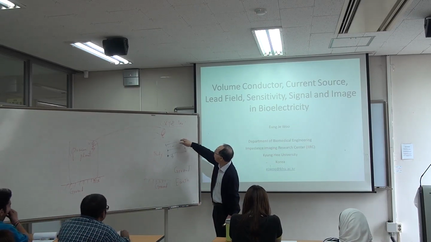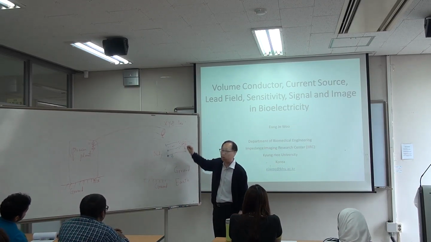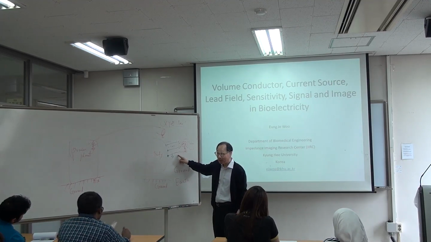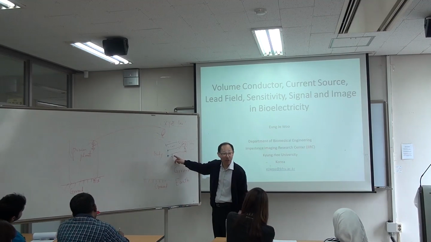And all the voltage on all other points will be measured with respect to this point. So this is the circuit voltage reference. Some people call it ground. But this is not real ground.